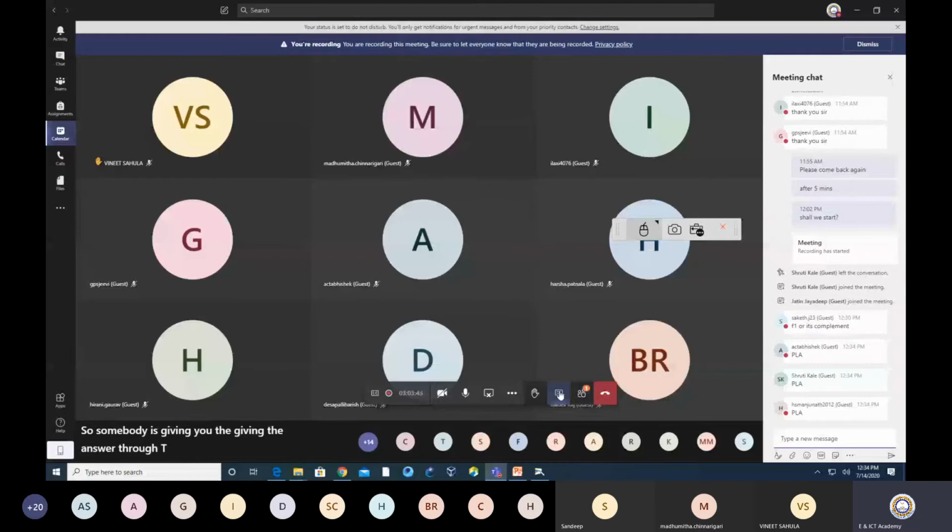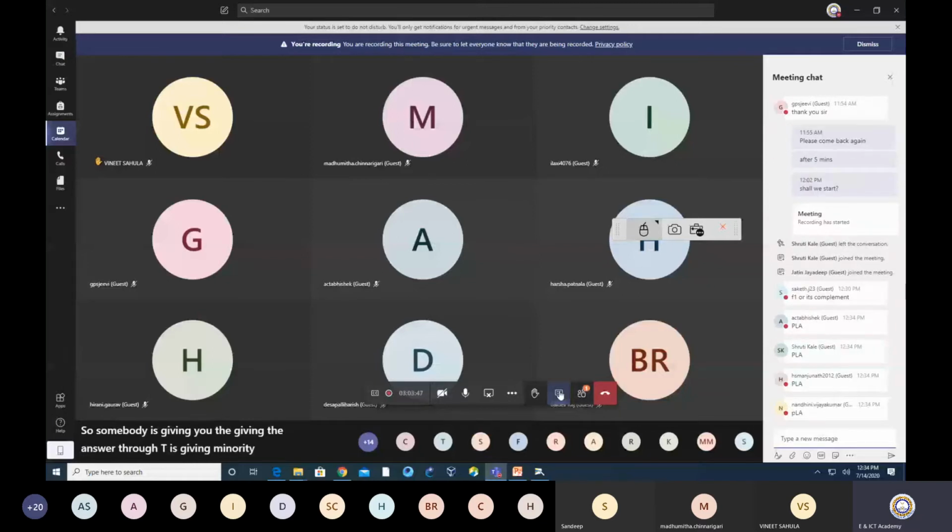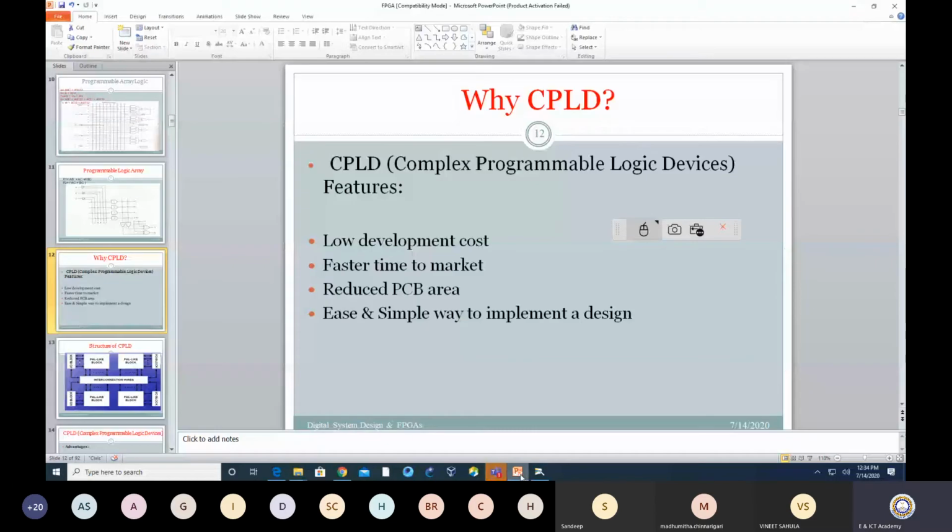Shruti is giving, Manjunath is giving. Okay, so mostly all of you are giving PLA, and probably the reason is because both are programmable. I'm not giving you the answer right now. I will give you the answer after 2 minutes. What is the correct one?